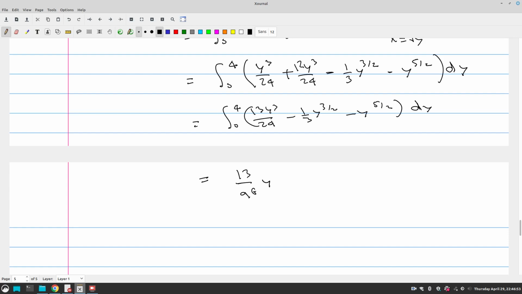Six y to the 4 minus 1/3 times 5 by 2, y 5 by 2, minus 1 over 7 by 2, y 7 by 2, from 0 to 4.